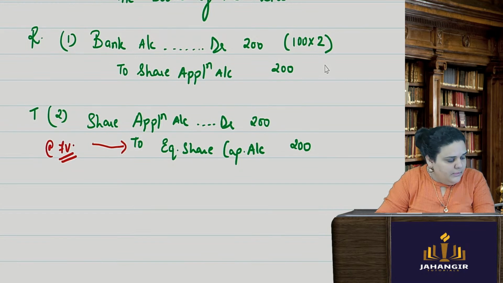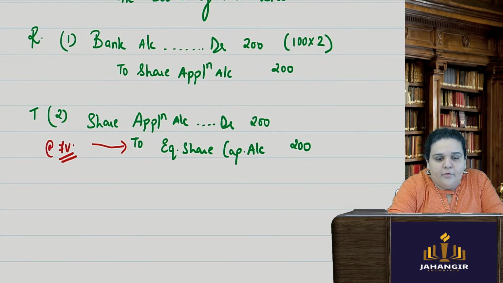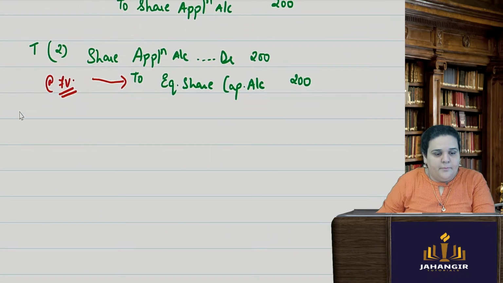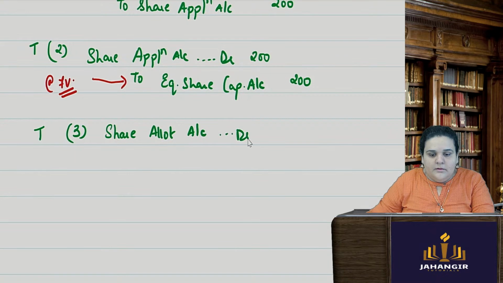Next one. I am going to my allotment stage. I am going to receive 3 rupees. Fine. So first I will pass the transfer entry. What will be the transfer entry? Share allotment account debit. There are 100 shares on which 3 rupees are supposed to be received, so 300.